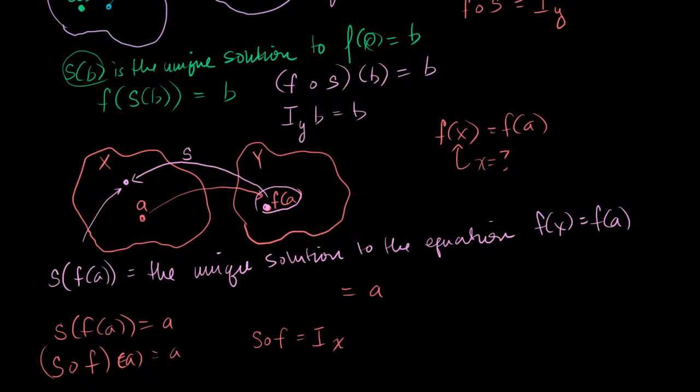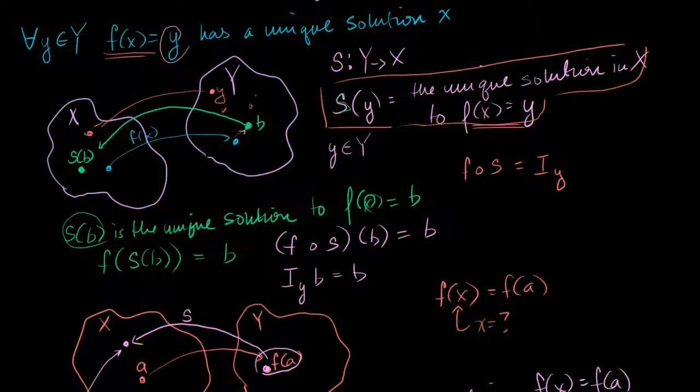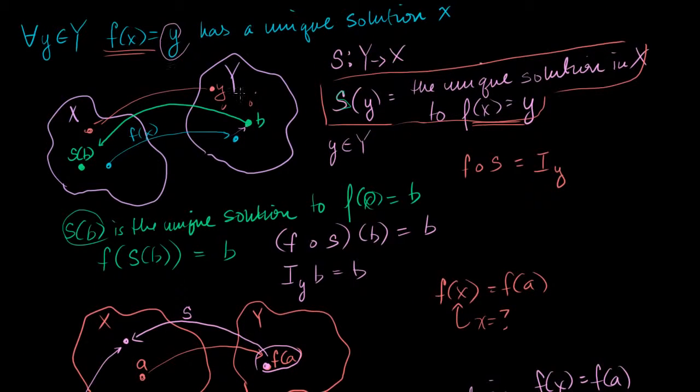So what have we done so far? We started with the idea that you pick any y in our set capital Y, and we're going to have a unique solution x such that f of x is equal to y. That's the assumption we started off with. We constructed this function s that maps any member here to its unique solution to this equation. Fair enough.